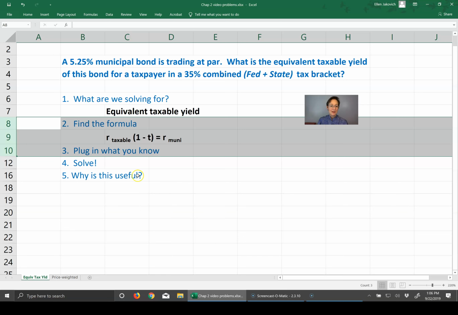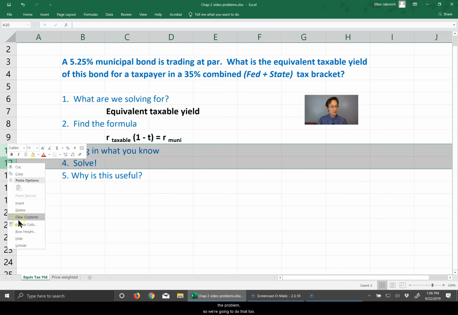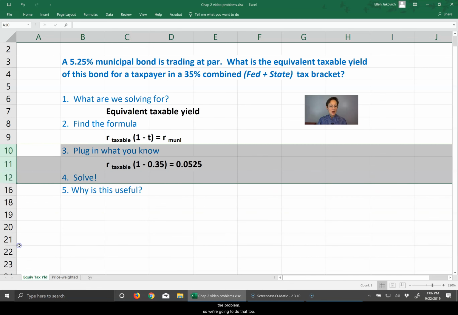Once you've found the formula, you're just going to plug in what you know from the problem. So we're going to do that too. We don't know the rate of the taxable bond. That's what we're trying to find out. What would the equivalent yield be? But we do know our tax rate. It's 35%. And we know the rate of the municipal bond.